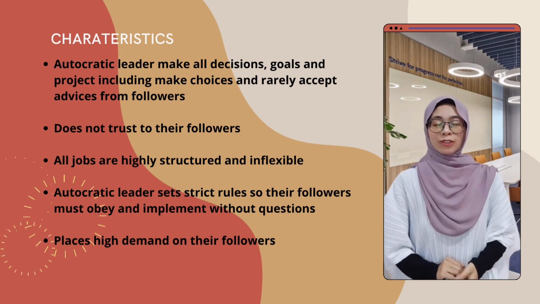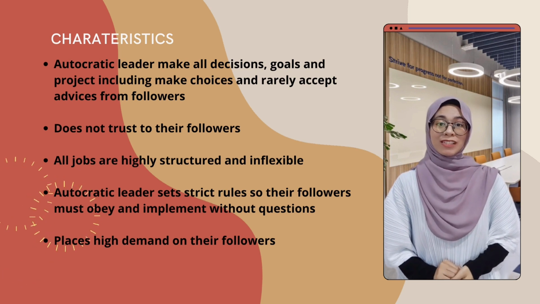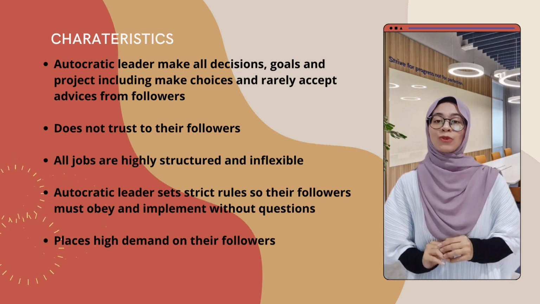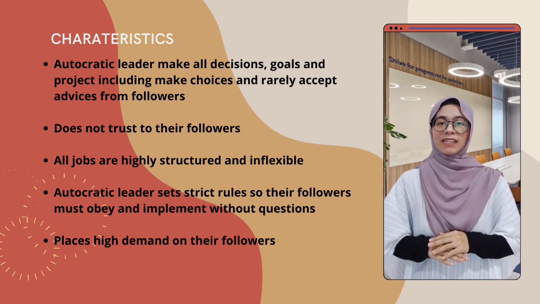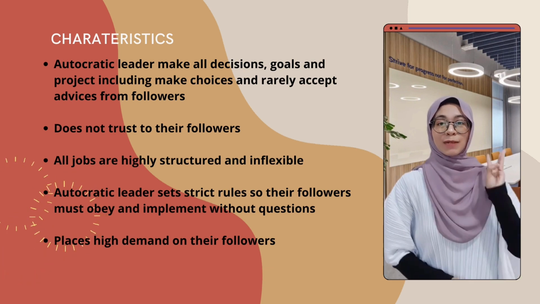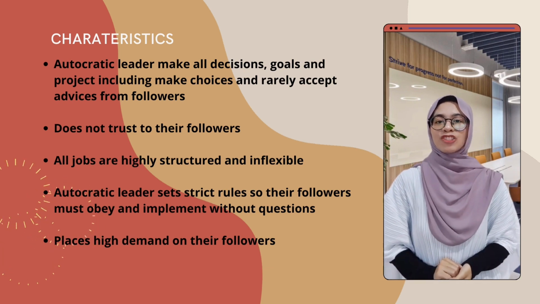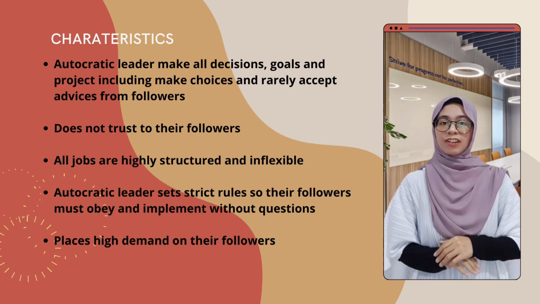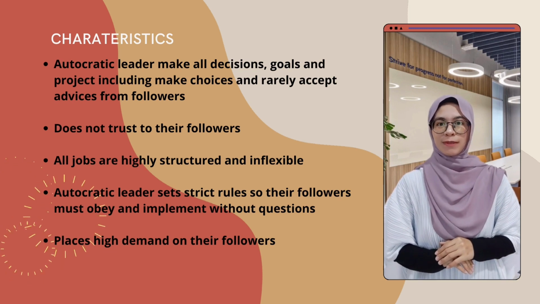Number 2, an autocratic leader also does not trust his followers but only allows a little or no input from them, so that all work is almost 100% created by the leader. Number 3, the jobs are highly structured and inflexible, which means once the leader creates the work, he is inflexible.